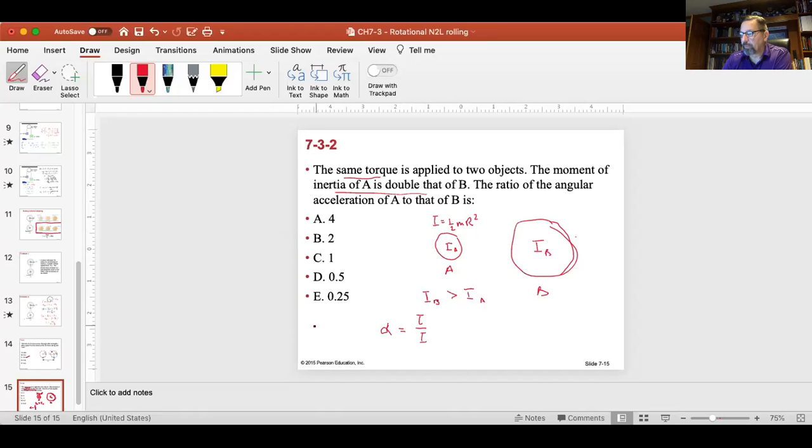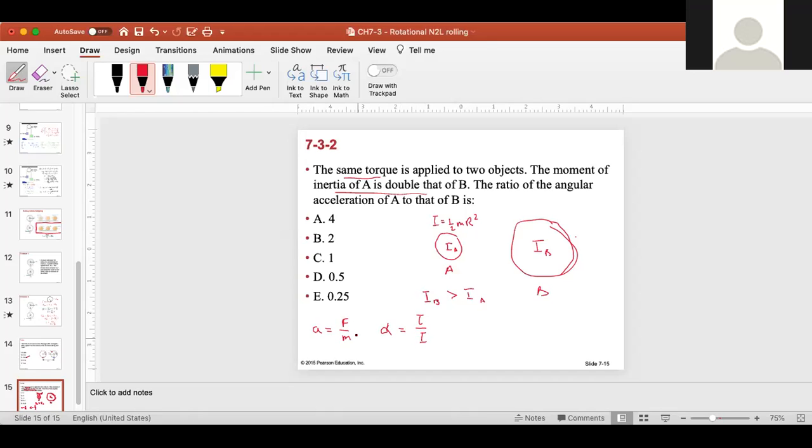Okay, and that should remind you of linear acceleration, which is a force divided by a mass. Mass is a quantity that represents resistance to translational motion. Moment of inertia is a quantity that represents resistance to rotational motion under the influence.